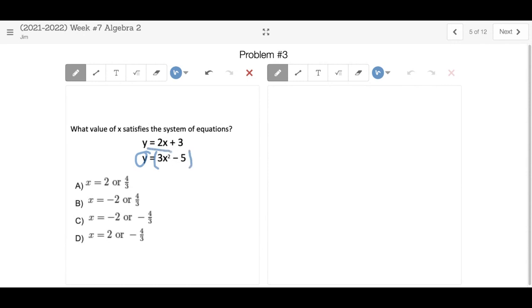So this gives me 3x squared minus 5 is equal to 2x plus 3. Okay? It's a quadratic. I need to get it set equal to 0. So I'm going to subtract 2x from both sides. I'm going to subtract 3 from both sides. So I'm going to end up with 3x squared minus 2x minus 8. Is that right? Equals 0.